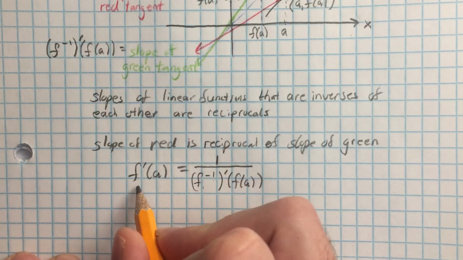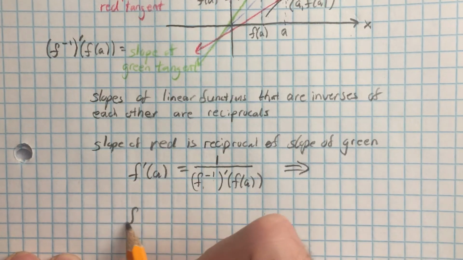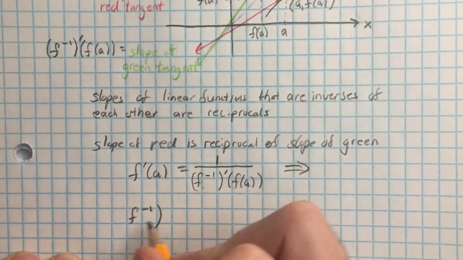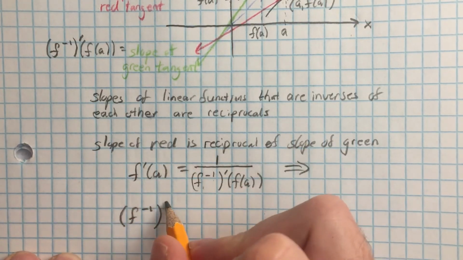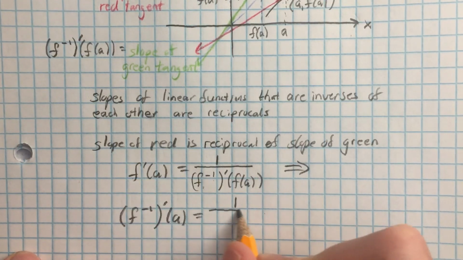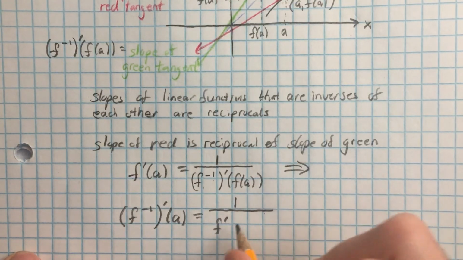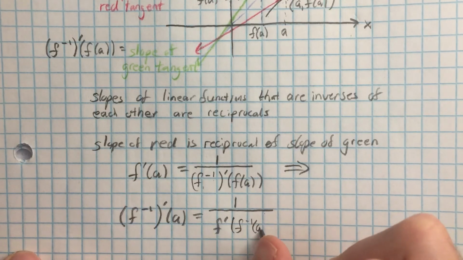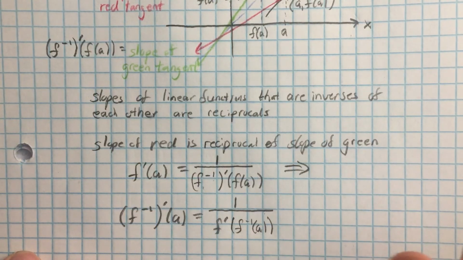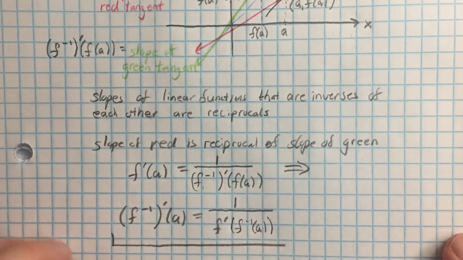So now instead of f prime, it's f inverse prime at a equals 1 over, instead of f inverse, I have f prime, and instead of f here, I have f inverse at a. Okay, so there is the formula we've been looking for, derived from this picture.